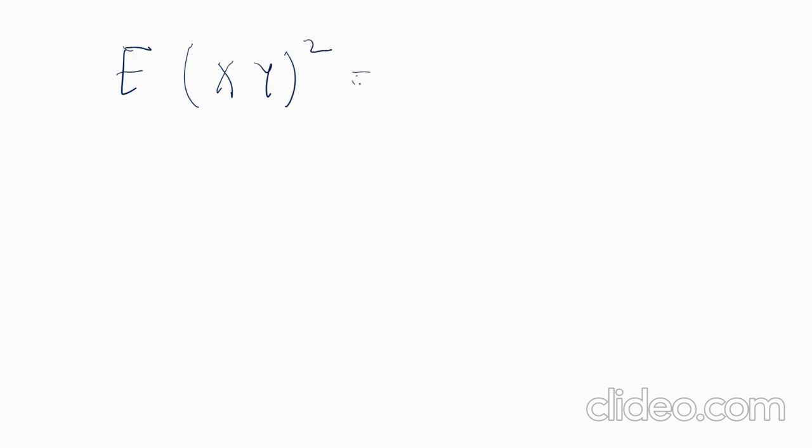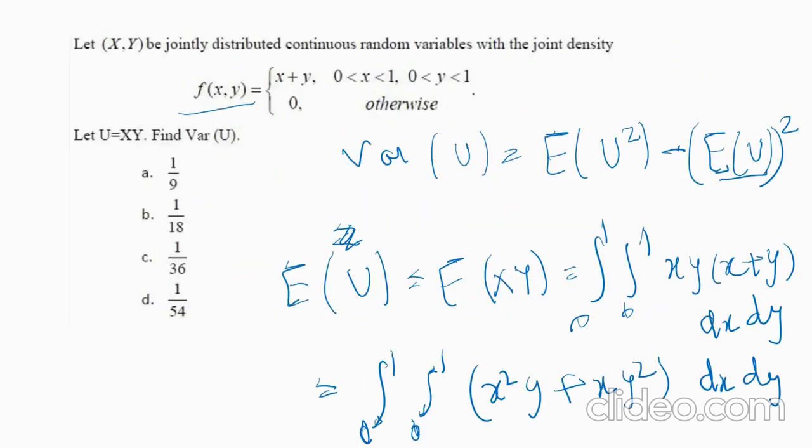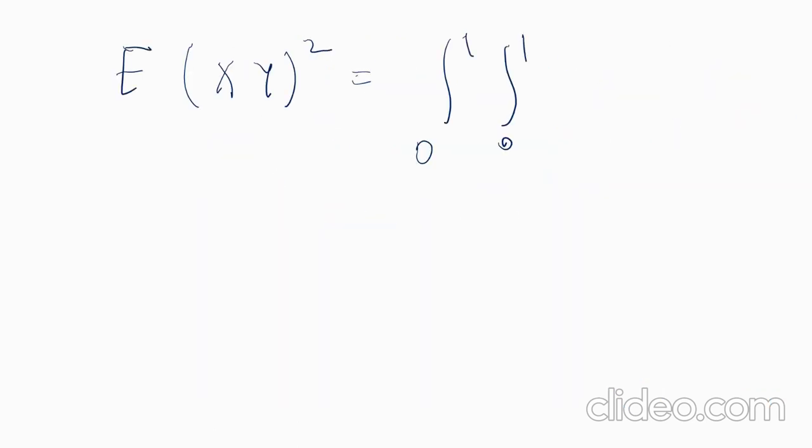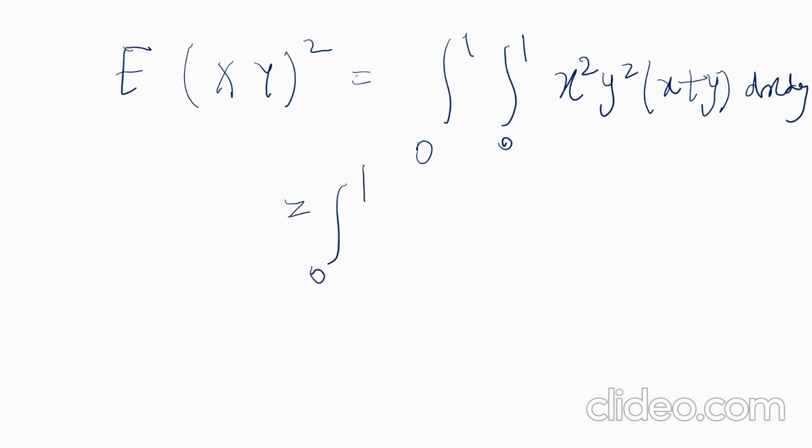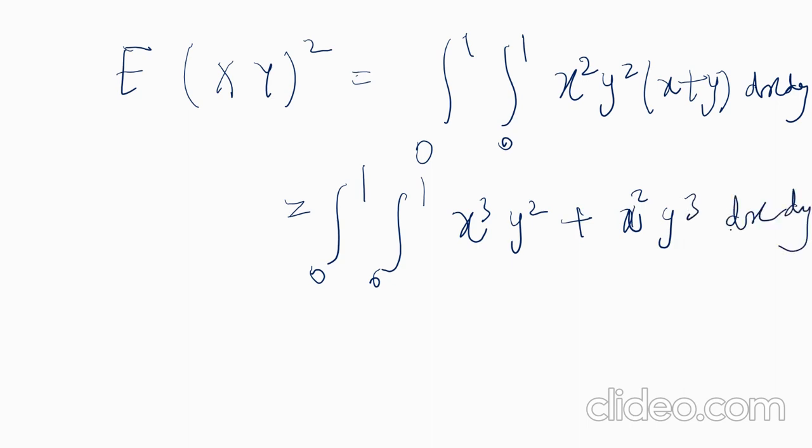Now the next is expectation of U square, that is expectation of x square y square. So that one will be 0 to 1, 0 to 1, x square y square (x plus y) dx dy. So it will be 0 to 1, 0 to 1 of x cube y square plus x square y cube dx dy.